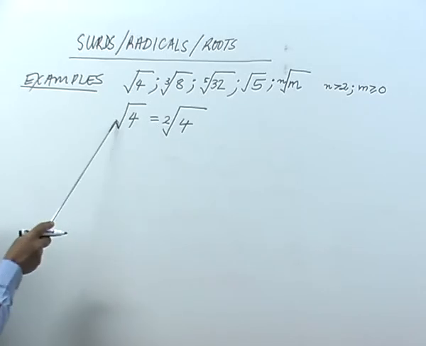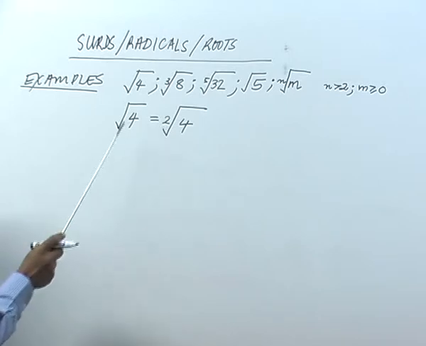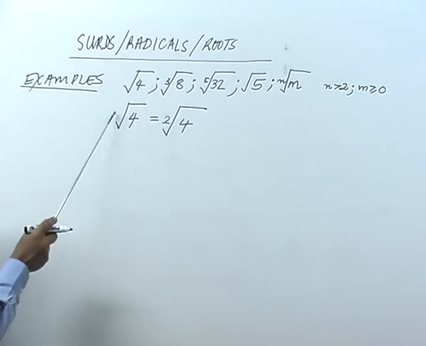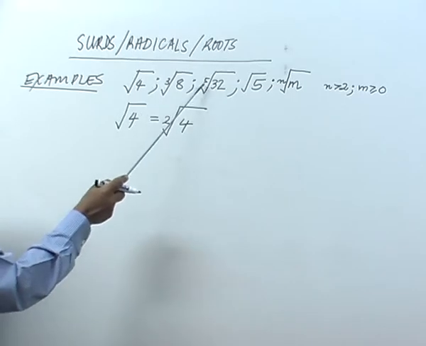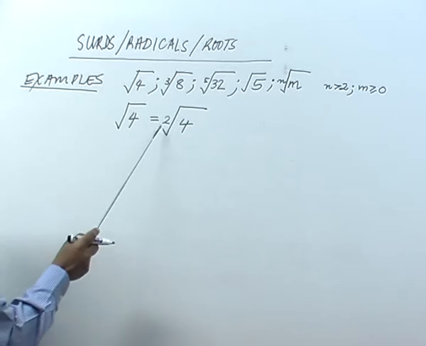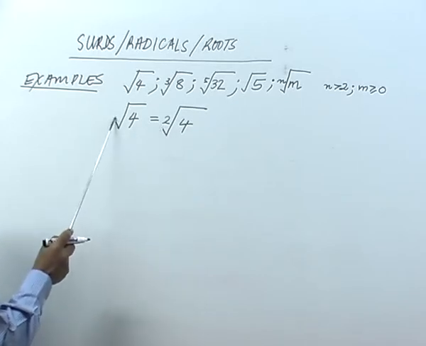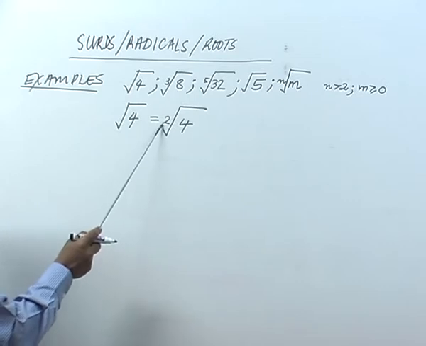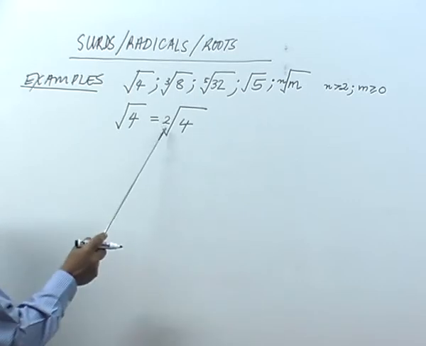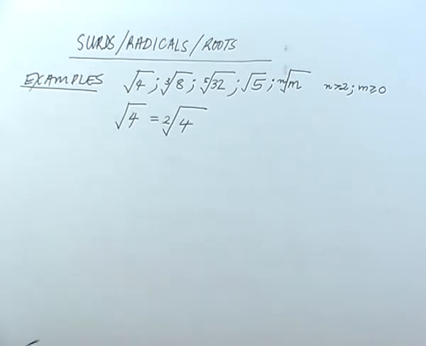So that 2 is understood and you have a right to write it down like that. Okay? So only the 2 is understood. If it is 3 or 5 or any other number besides 2, it will have to be written. Only the 2 is understood. So square root of 4 really means 2 root 4, which really means square root of 4. So the 2 is understood, and it's very important to know that fact.